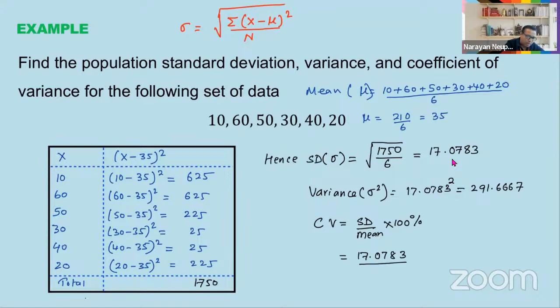You divide by the mean, which we got at the top, 35, and multiply that by 100 to see what percent you get. You'll get 48.7951%. So this is how we can find the population standard deviation, variance, and coefficient of variance for ungrouped data or an individual data set.